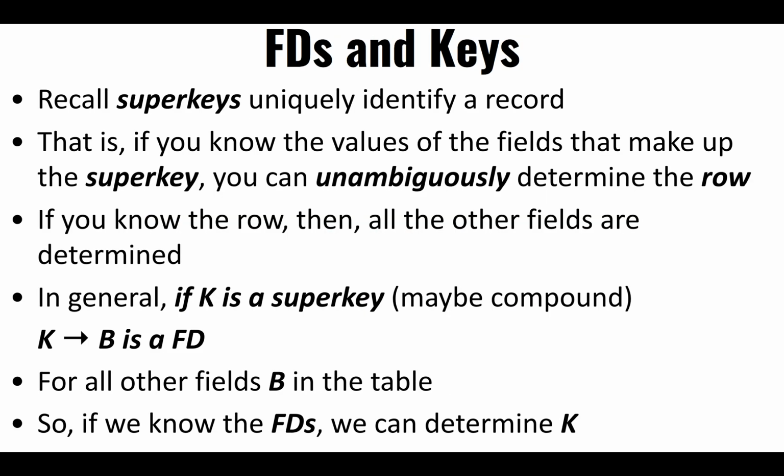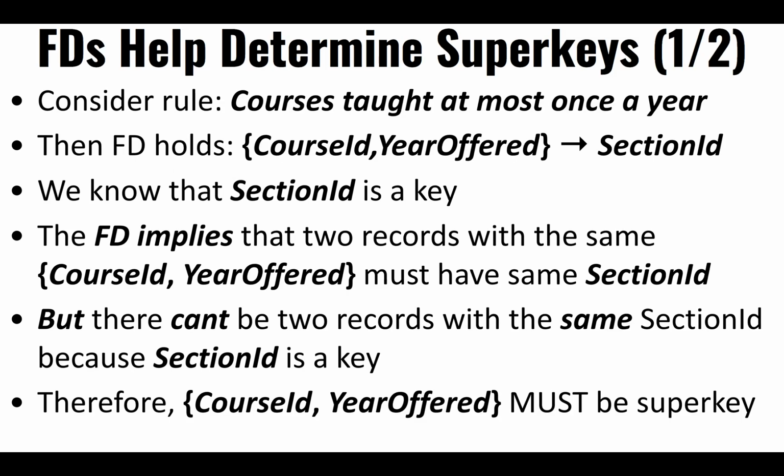So functional dependencies can help us determine what those primary keys should be, or what the combinations of those fields should be. If you have a functional dependency where course ID and year offered imply the section ID, perhaps the combination of course ID and year offered should be part somehow of the key, so I can enforce that uniqueness. So it's giving me a hint that perhaps this must be part of that key.